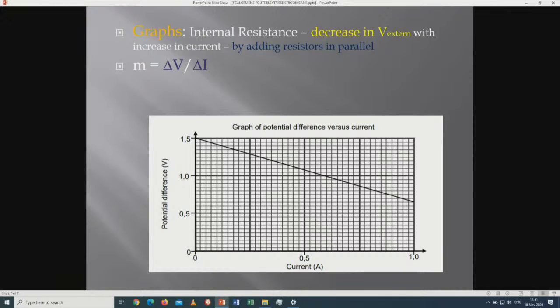Now, also in one of the papers, I think maybe a supplementary exam of 2018, they have given you this graph of potential difference against current. What they have done here is increase the current, and look what effect it has on V external.